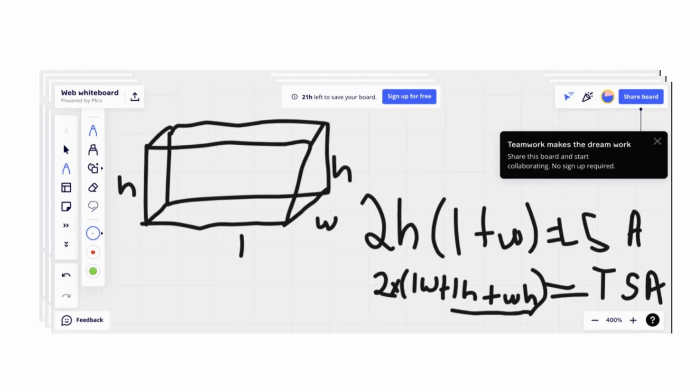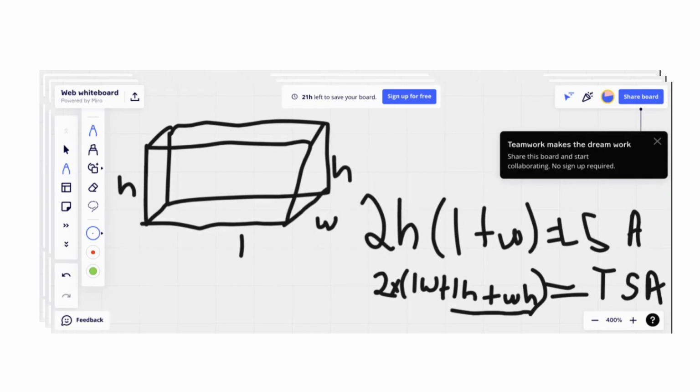The length times height is just for one particular side, and the width times height is just another particular side. Since this is a 3D shape, we multiply it with 2, and that's what this TSA is. Now, to find the LSA, it's nothing but excluding the top and bottom. That means there's going to be 2h times the length plus the width, which is our LSA.